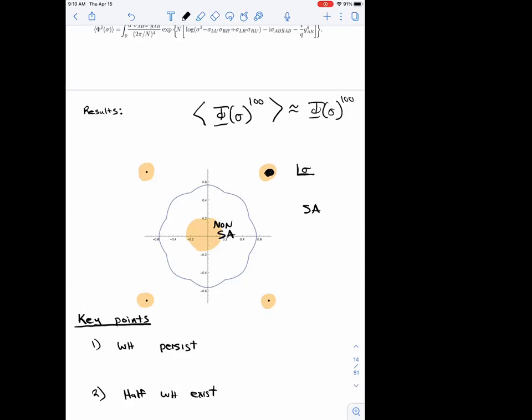So the criterion that we discussed involving phi squared is enough to show that for most configurations of the couplings, it's approximately self-averaging. But the higher powers probe rare configurations of the couplings, and there do exist rare configurations where the self-averaging is not true, even near the wormholes. Okay, fine. Thank you.